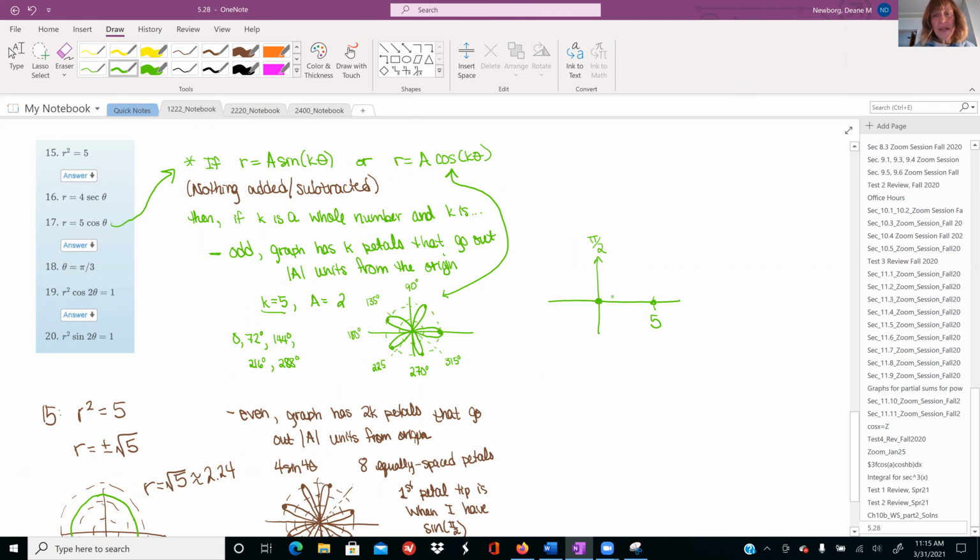You might want to plug in like theta equals pi over 3. So I'd get r equals 5 cosine of pi over 3. Cosine of pi over 3 is 1/2. So I get 5/2. So that means if I go out along the pi over 3 ray, and pi over 3 is like 60 degrees, maybe about right here, I would want to go out to a circle of radius 2.5.